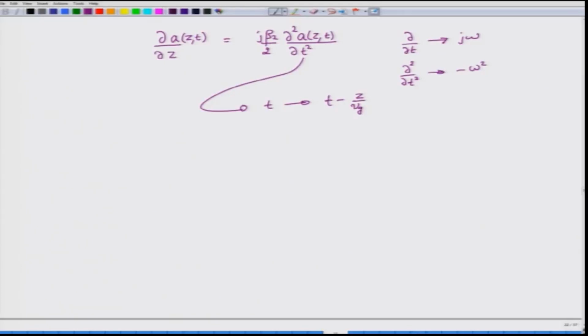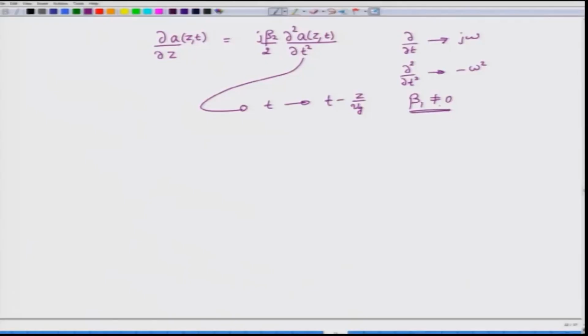That retarded time is delayed by a factor of z by Vg. You recognize that z by Vg is the delay that the center of the pulse would experience while propagating through the fiber with a velocity Vg. We have simply taken the time reference to be the center of the pulse, and therefore the time that we are measuring around the pulse is not the time with respect to a global coordinate system, but rather a time measured at the center.